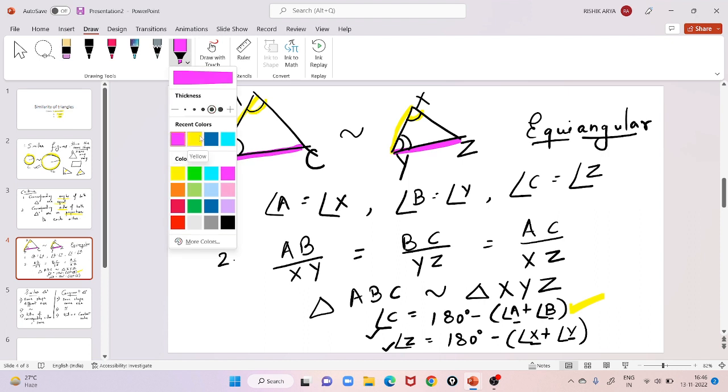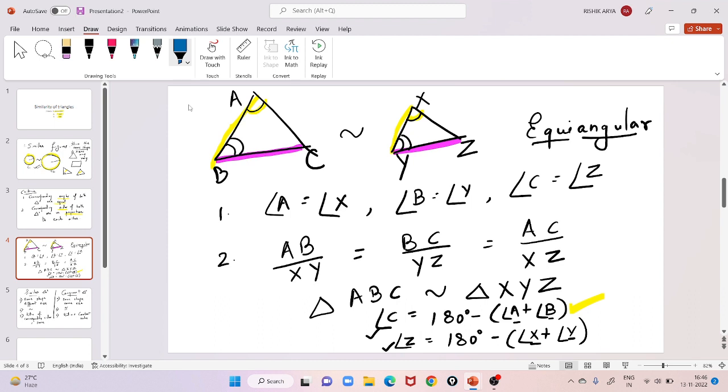And if we are taking AC side, then we have to take XZ side. Their ratio should be equal to one another. This is the meaning of sides should be in proportion to each other. If these two conditions are followed, then we can say that the two triangles are similar to one another.